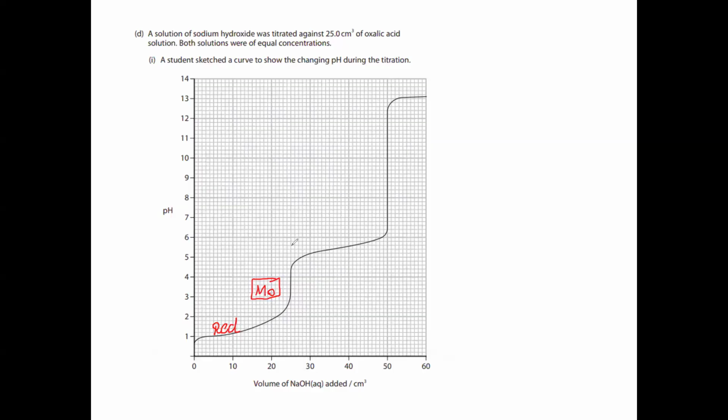Then at the end point it turns orange. Then when the medium becomes basic, methyl orange shows a yellow color. And with the presence of phenolphthalein, it goes colorless to pink. For phenolphthalein it's not a big problem, because in this area it is colorless.